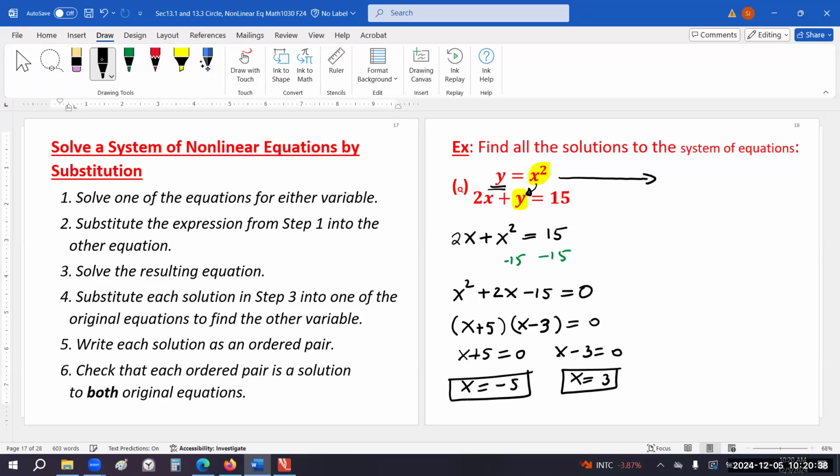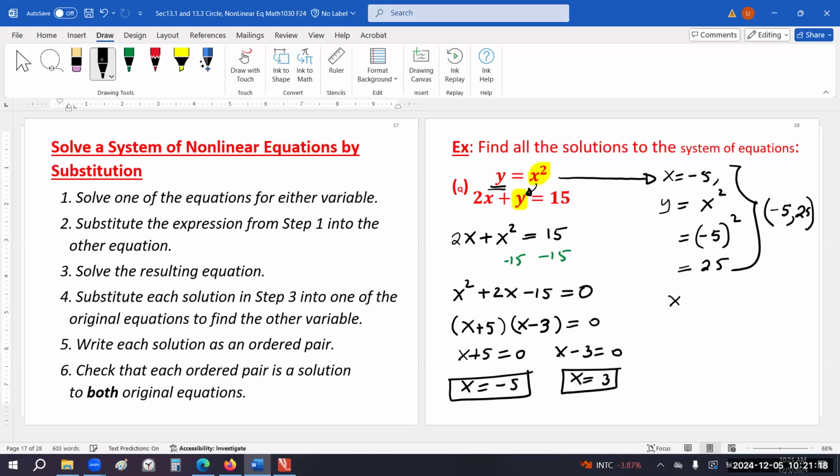So we go to the first equation. We replace x with negative 5 to see what y gives us. y is x squared. It means it's negative 5 squared. What is negative 5 squared? 25. So the solution we get from this is the point with x value negative 5, y value 25. This is our one solution.